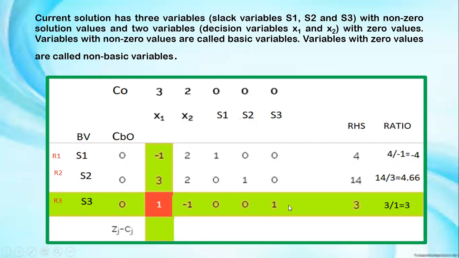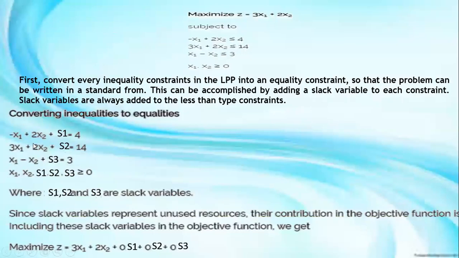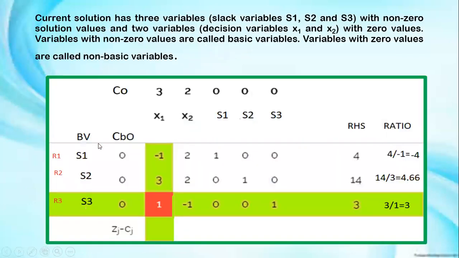Next, coming to this table, you see the equation 1. What is the coefficient of x1 here? -1, 2, 1 and 4. S2 is 0 in the first equation, S3 is 0 and the constant is equal to 4. That is the right hand side.